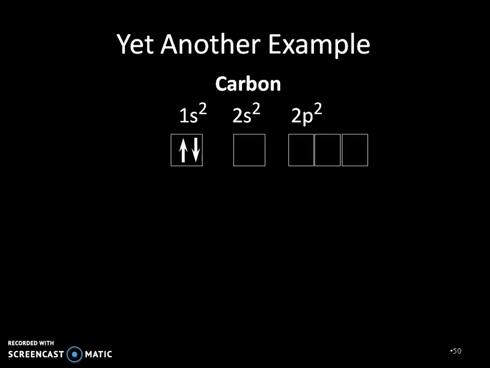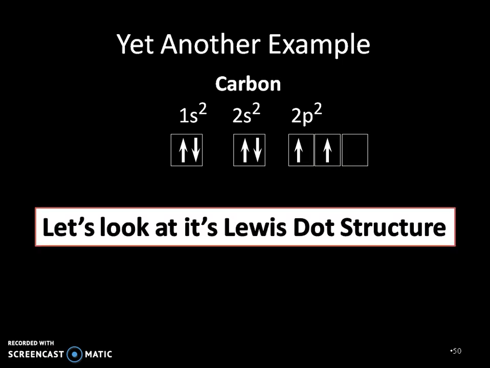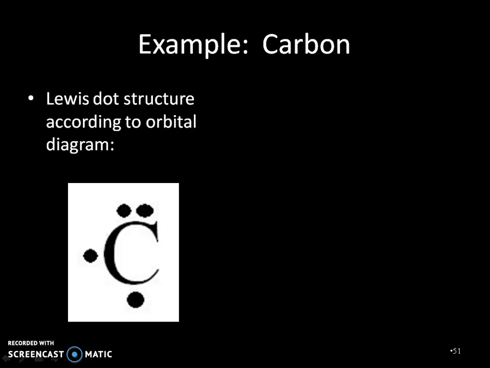Well, let's fill up those electrons. We know that carbon has 6 electrons. 1, 2, 3, 4, 5, 6, okay? But now let's look at its Lewis dot diagram. Because the 2s is already paired, really our Lewis dot diagram should look like this according to that orbital diagram, a pair and then 2 singles.